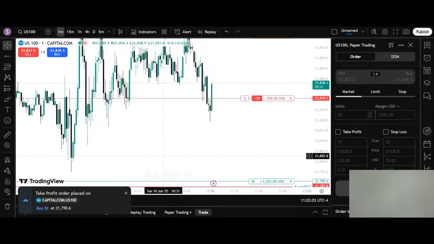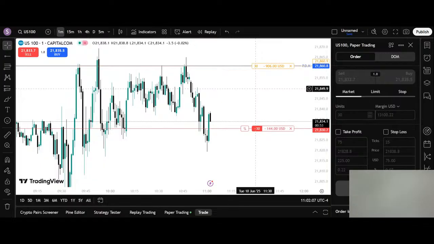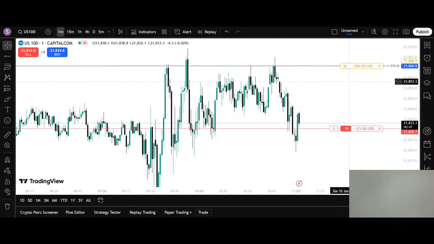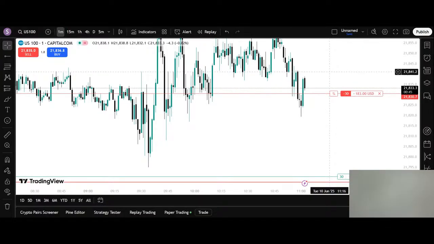Price seems to be shooting up, moving against us. But we're just gonna have to wait and see. Let's see if we can get the fruit of our patience.